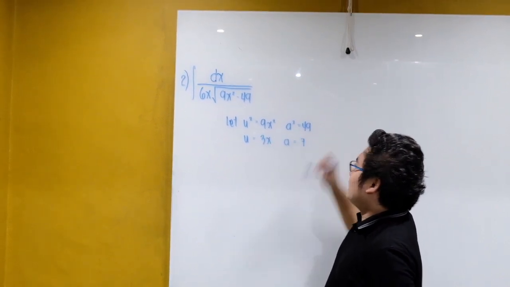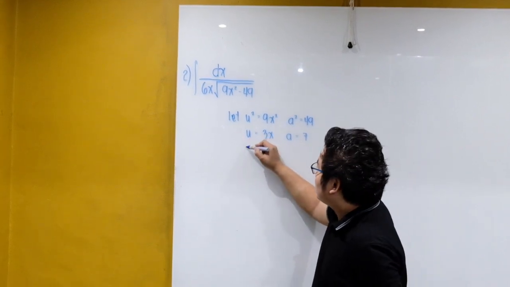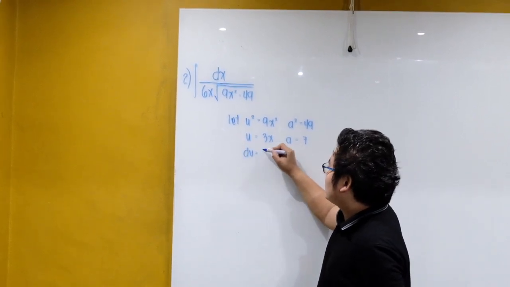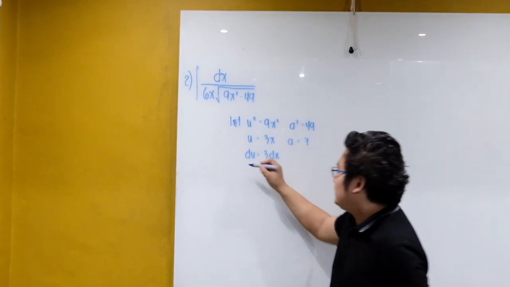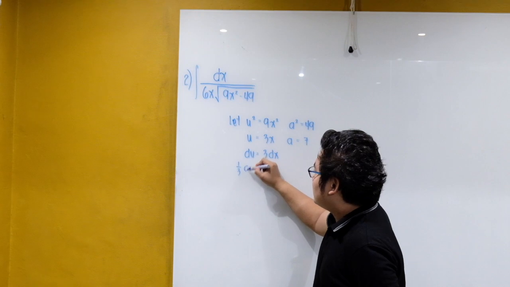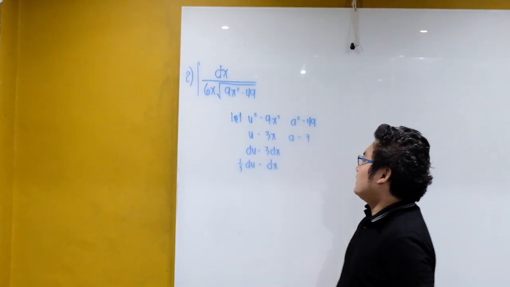to 7. So taking the derivative of u, du is equal to 3 dx, dividing both sides by 3, 1/3 du is equal to dx. Okay?